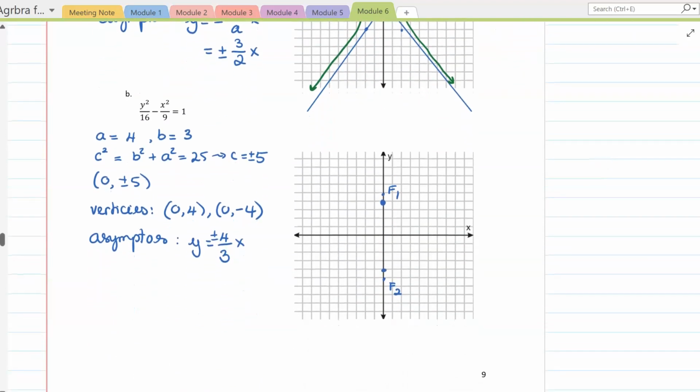So for the asymptote, go up 4, 1, 2, 3, 4 over 3, and again to the other side. This is our first asymptote, and here is our second asymptote.